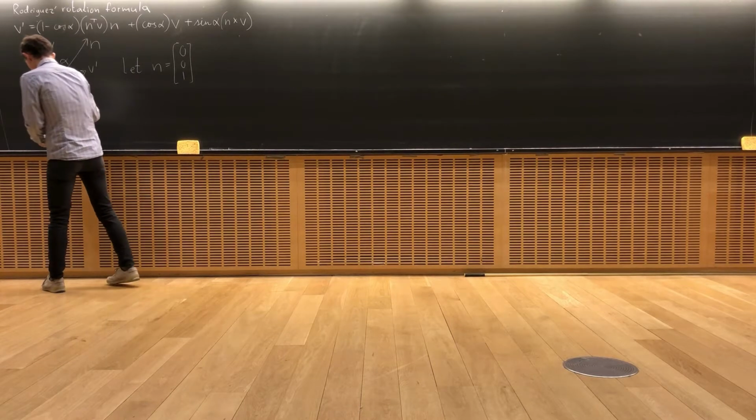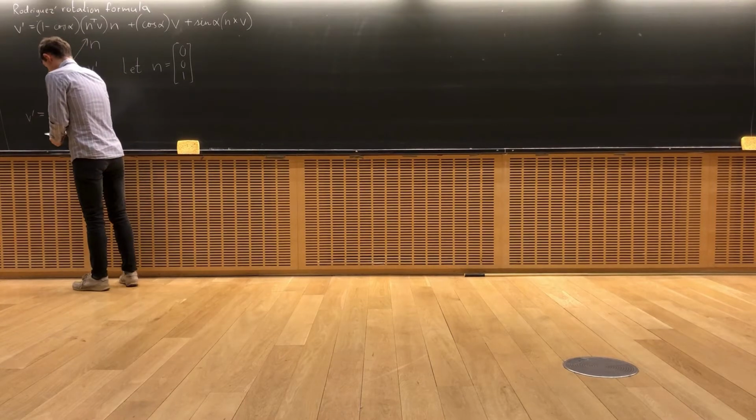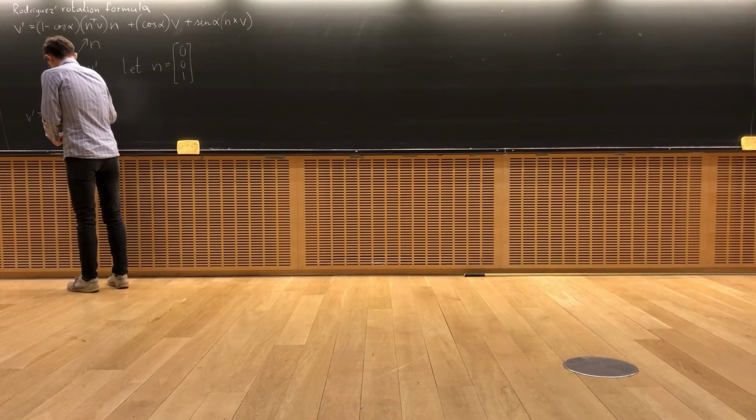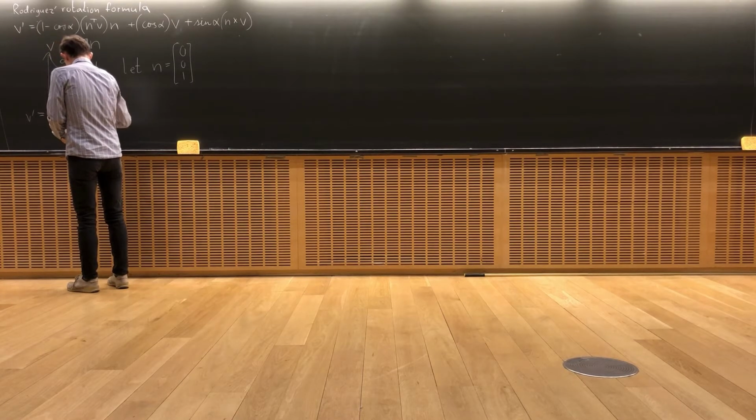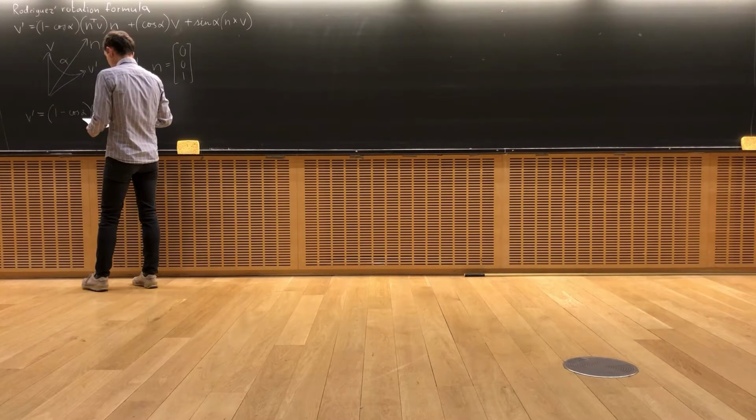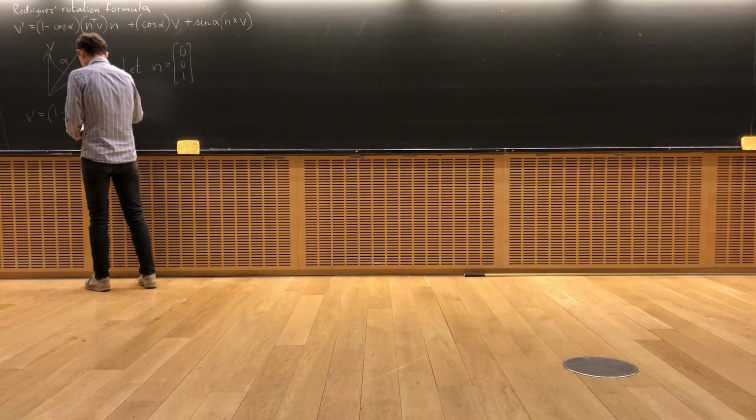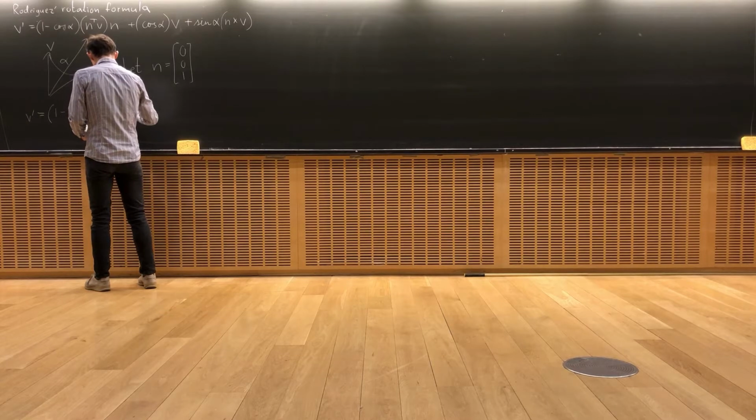I have this vector v marked. It's then going to be 1 minus cosine alpha. And then I'm going to have this n vector first as part of an inner product.